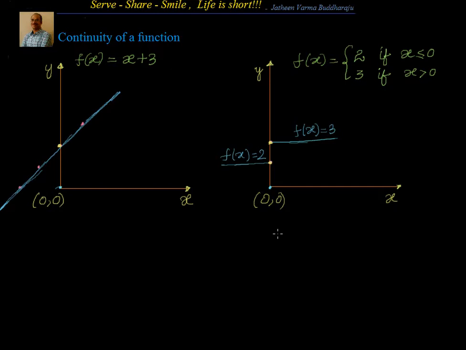you can see that when you come from the left hand side to 0, as x tends to 0 minus, that means we are coming from left hand side, limit x tends to 0 minus f of x is equal to 2, whereas limit x tends to 0 plus, that means we are coming from right hand side, we can see the value of f of x is equal to 3.